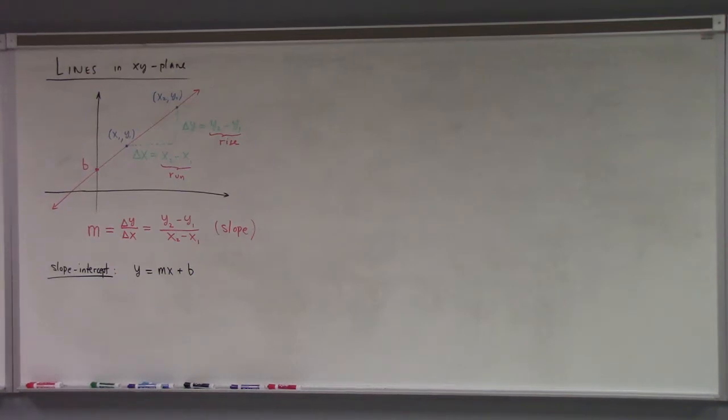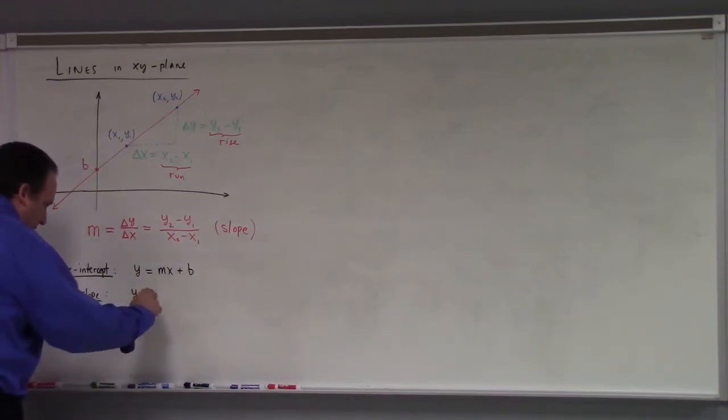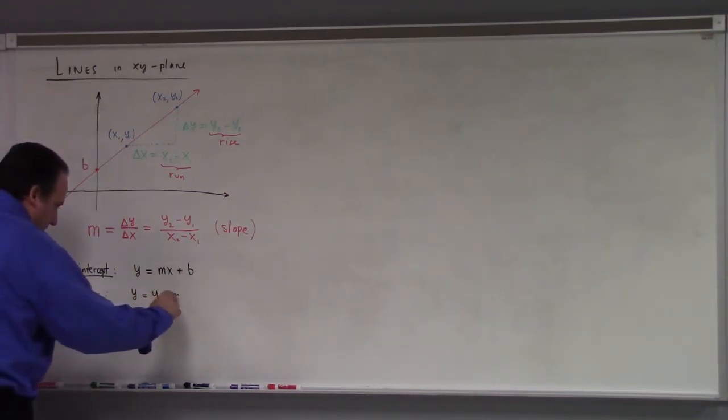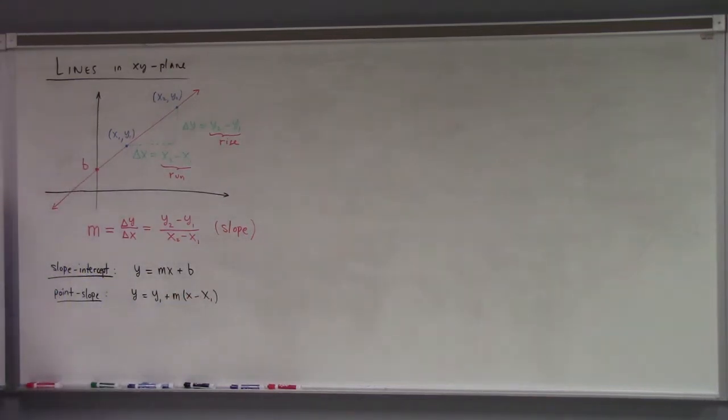What else is there? There's also point slope. Point slope would be y equals y1 plus m times x minus x1. This is point slope. If you don't know about point slope already, or you don't use it, you should consider using it.